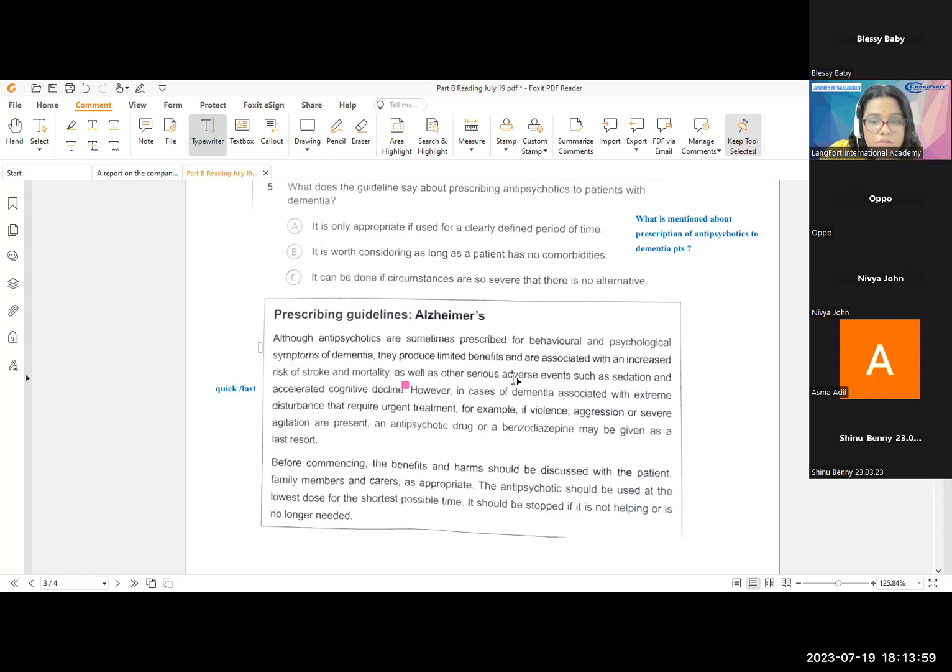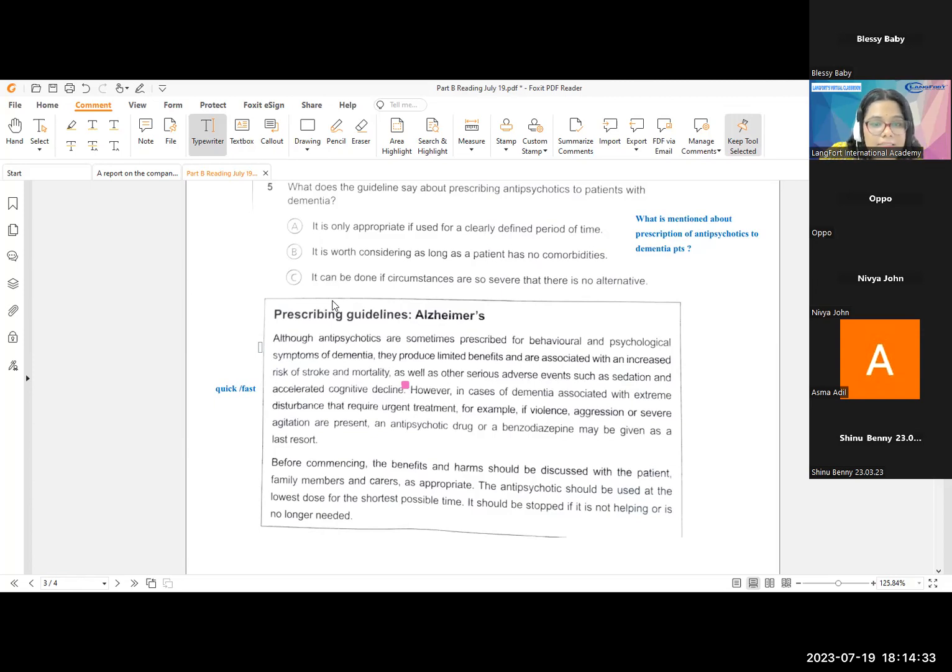They also lead to serious adverse events such as sedation and a faster cognitive decline, a reduction in mental capacity. It can fasten it.